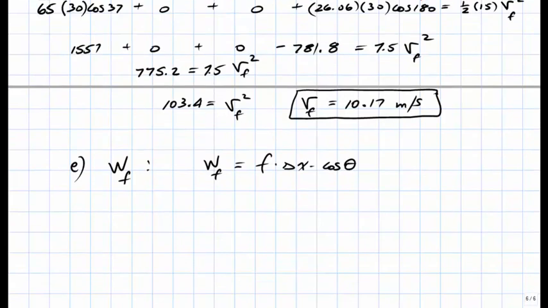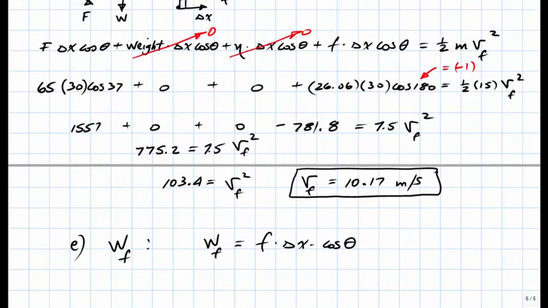If you'll note, that calculation was conducted right here. F delta x cosine theta. So if we just multiply the 26.06 by the 30 by the cosine of 180, we will get the result. And the result actually equals negative 781.8.